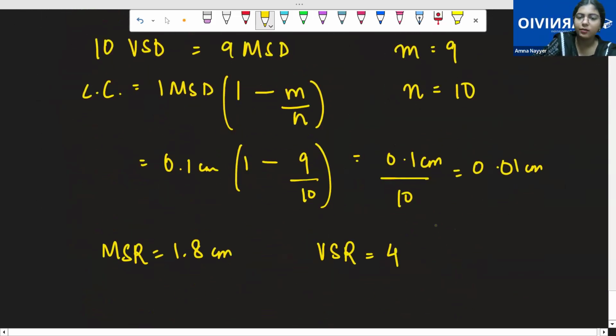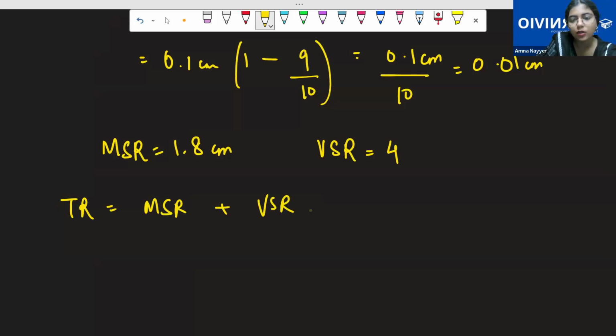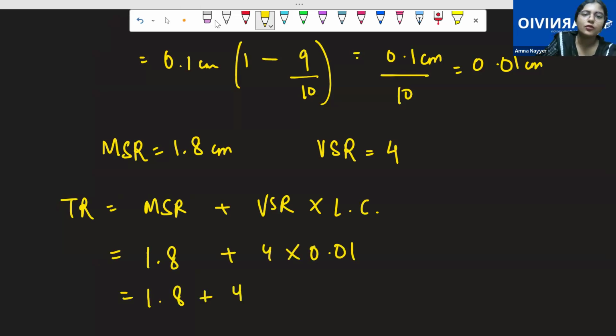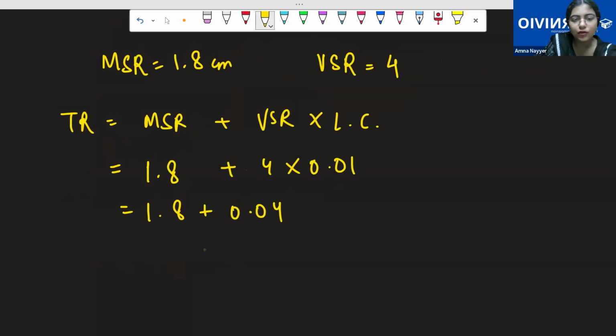Least count we have already calculated. So total reading will be MSR plus VSR into the least count. So MSR is equal to 1.8 plus 4 into 0.01, that is 0.04.